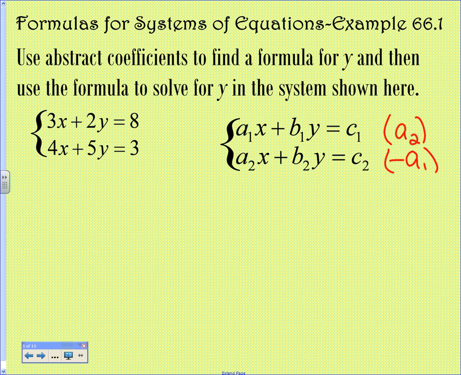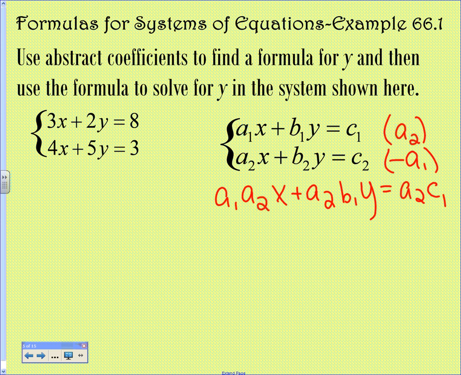So our top equation, when we multiply everything by A2, is going to be A1 A2x plus A2 B1y equals A2 C1. Go with me?